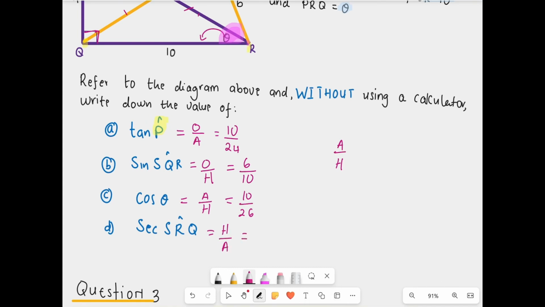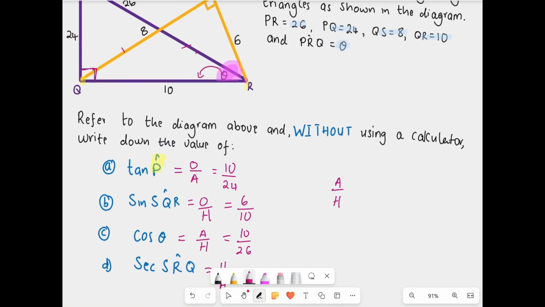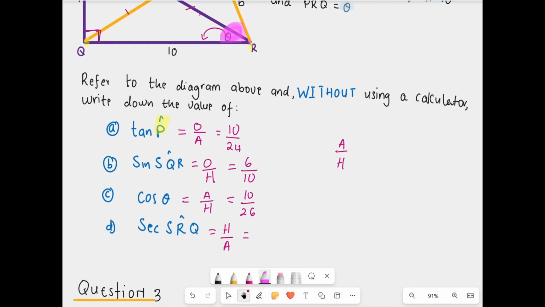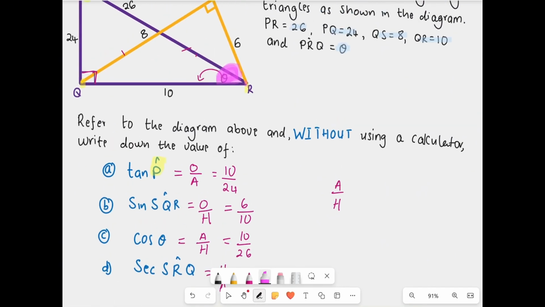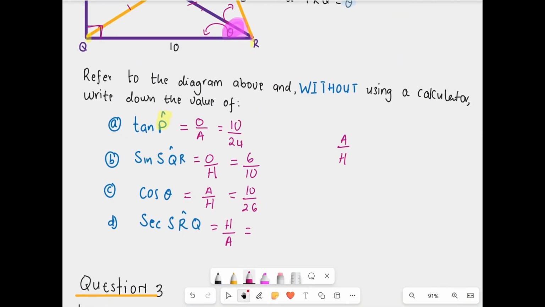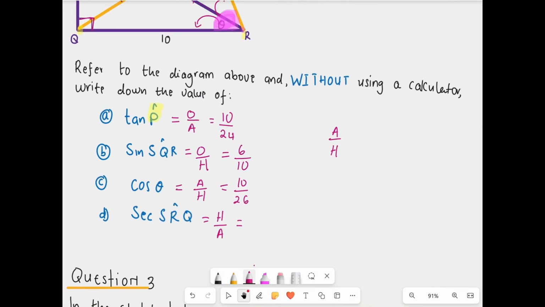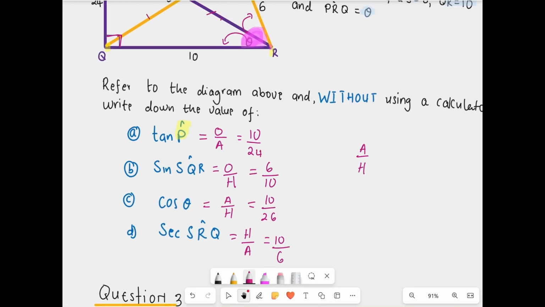From that angle that I have highlighted here, my hypotenuse is 10, and my adjacent is the side closest to this angle, which is 6. So the answer here will be 10 over 6. And then we are done with question 2.